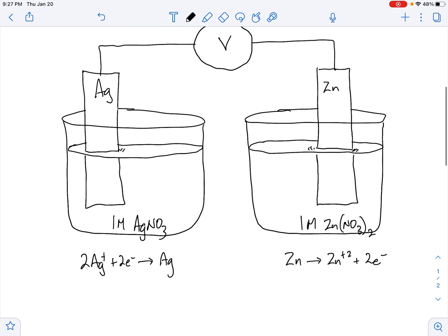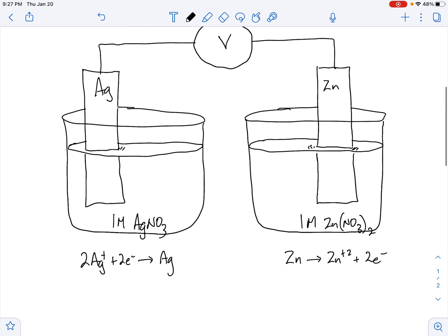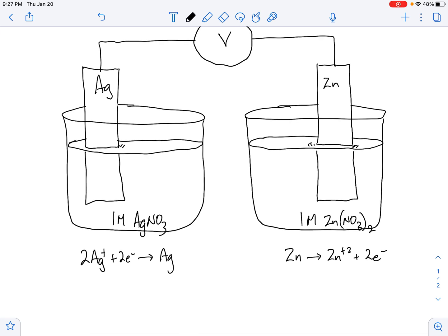Now, what is actually happening in here is that the zinc atoms, if you could go down to the atomic level, it can no longer be part of the electrode because as soon as you start making positive things, they'll repel each other.